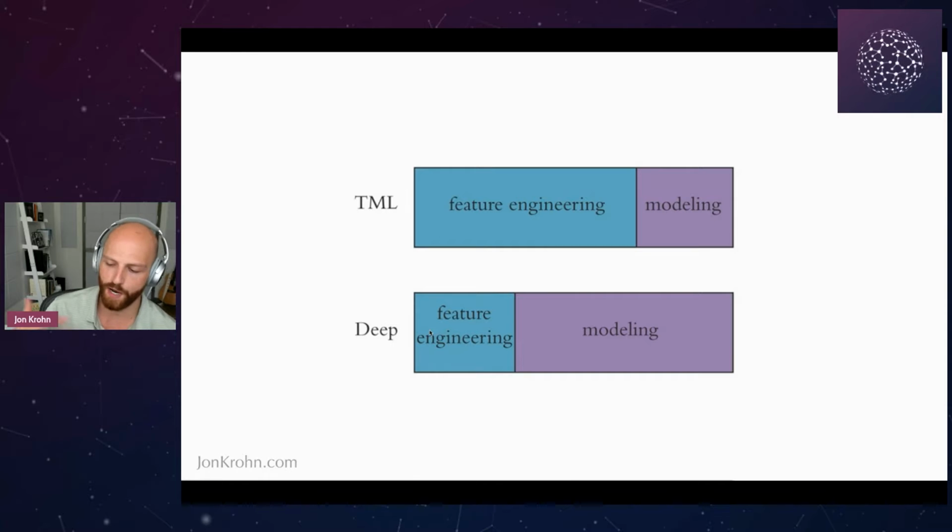So feature engineering, if you're not familiar with it, is a process in machine learning, which up until very recently was the most important part of building a machine learning model. And so what this involves is developing deep expertise in your particular data set, in your particular kind of problem.